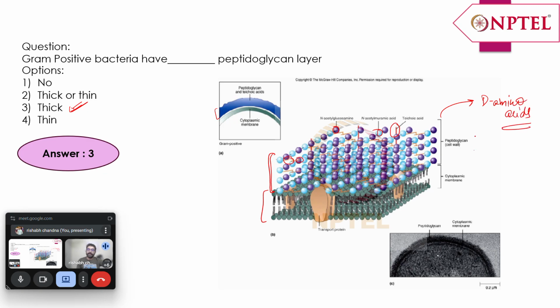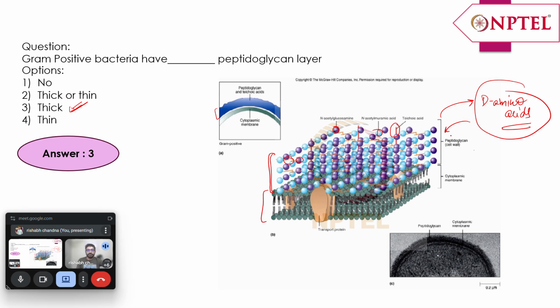More or less all the physiological amino acids present in today's universe are L amino acids. In gram-positive bacteria, these D amino acids are present, and this makes it difficult for an antibiotic to act upon them.